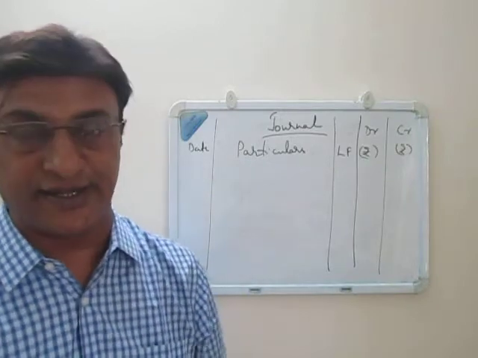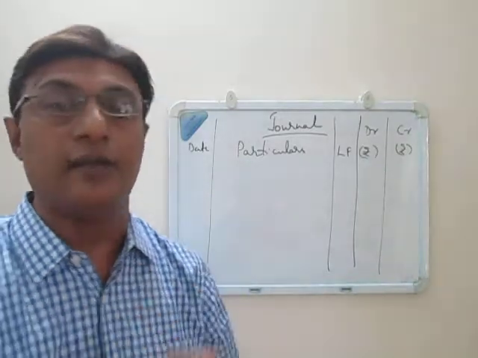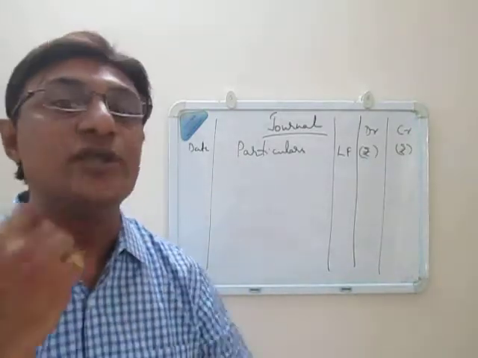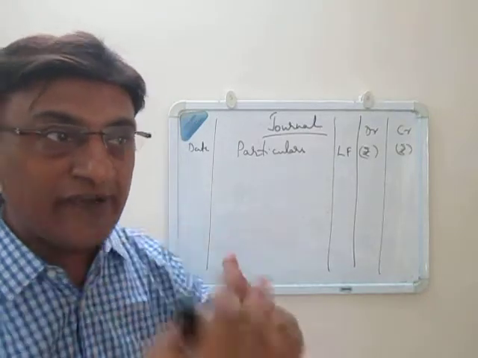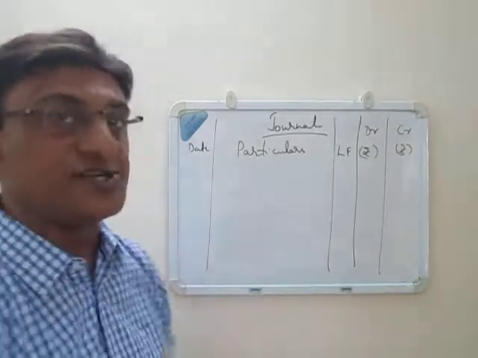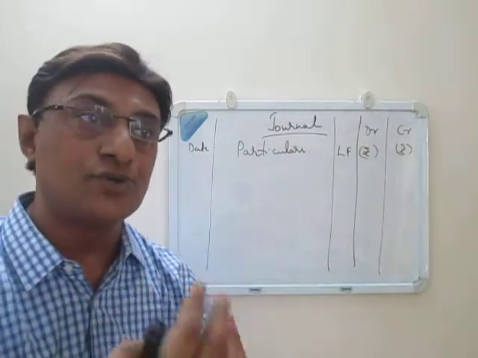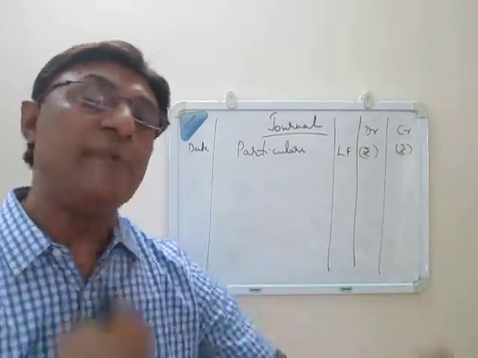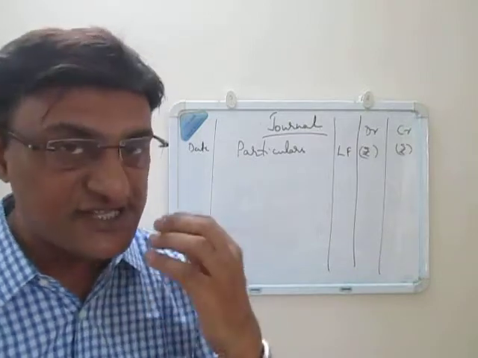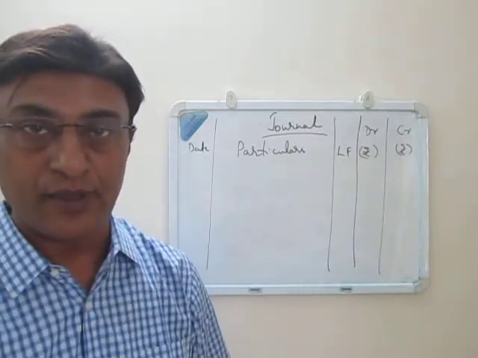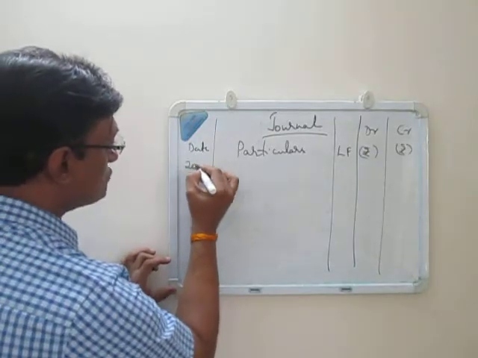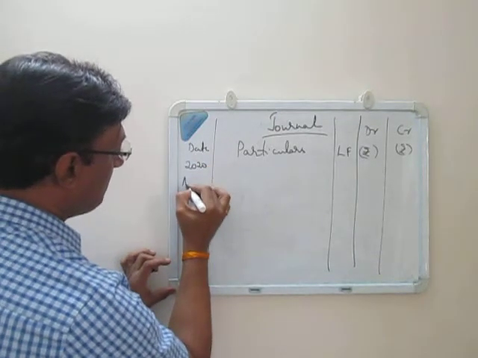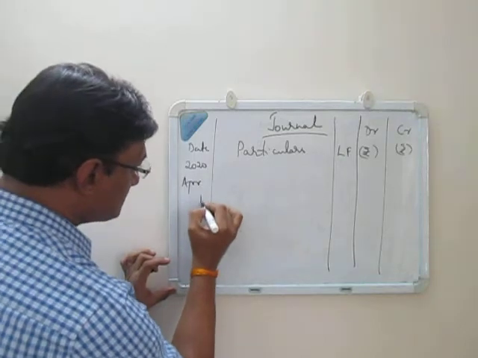Passing a journal entry in the journal, technically called journalization. So if I were to commence bookkeeping with the 5 transactions that we took as an example, we start with, let us say, it was 2020, April 1st.